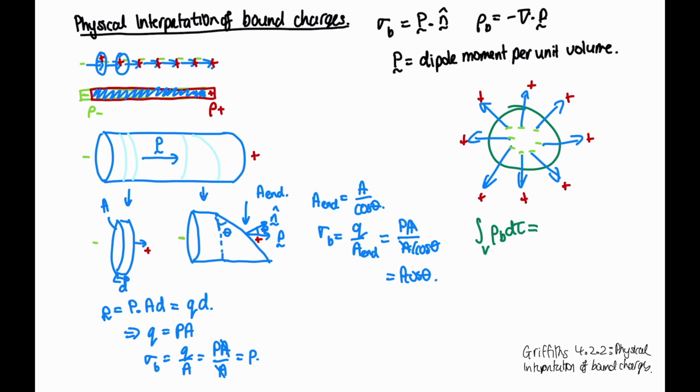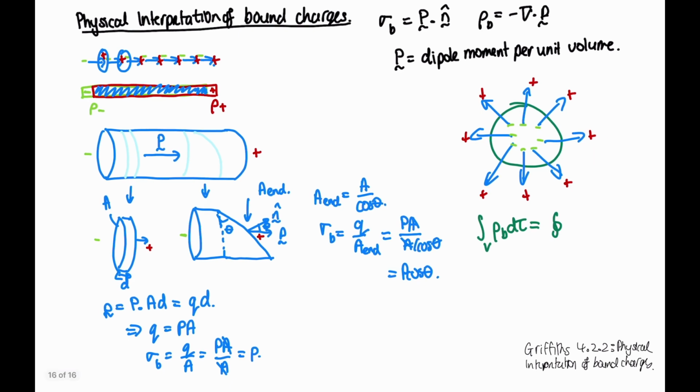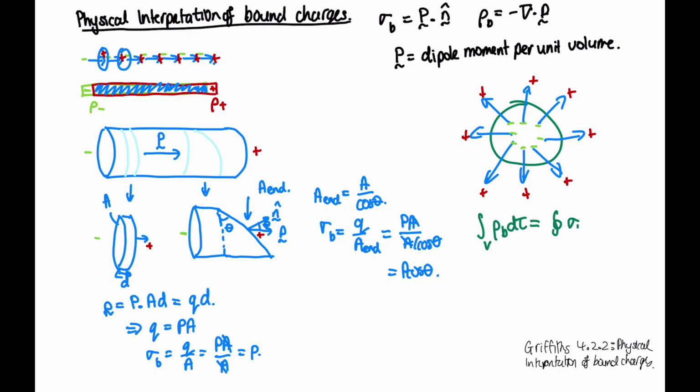And in order to do that, we said that we had to move our surface charge density for these positive charges outside. And so this is sigma_b dA, and we needed to move them out, so negative, because they're going to go out of the surface. And so when we move those surface charges out, that is equal to P dot n dA.